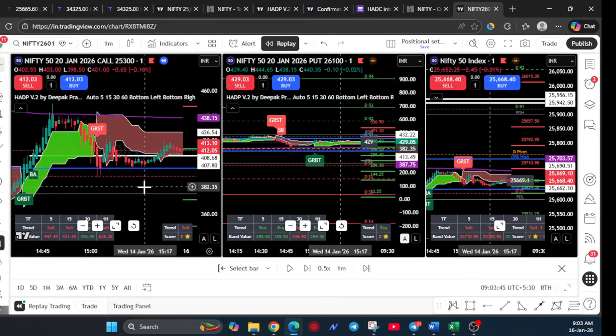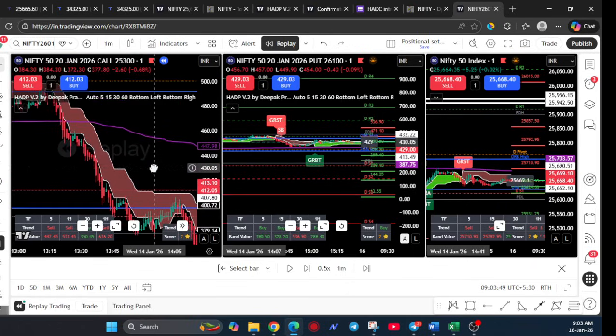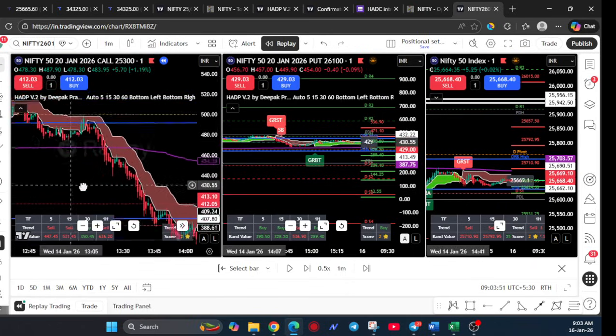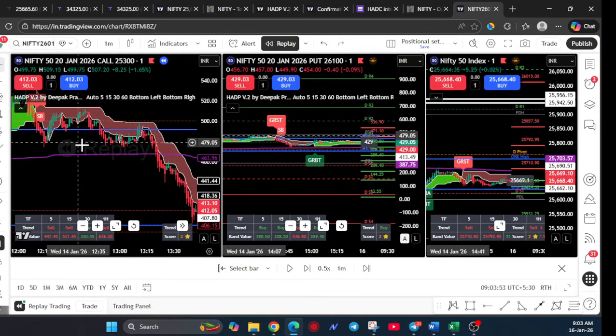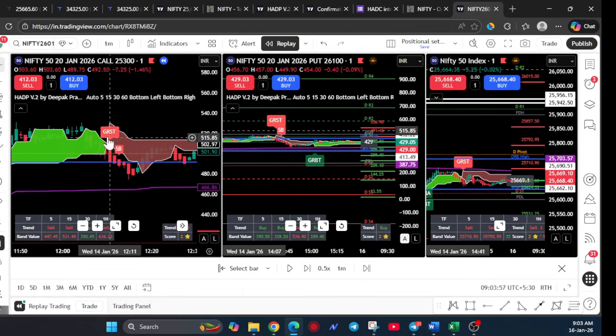Okay, so for selling, what do you need? You need something like this. You get a GRST trigger, you wait for this candle to close, so that is get ready for sell trigger. Then you wait for SP candle to print, which is sell below, and then you sell below that.